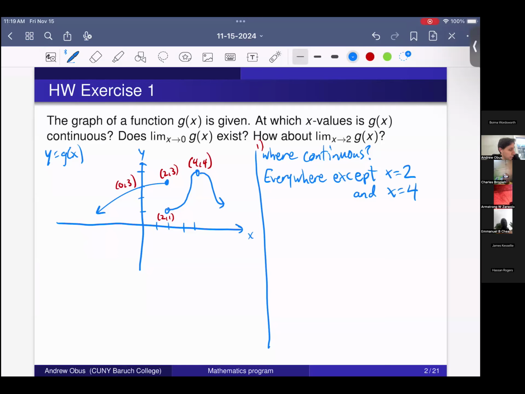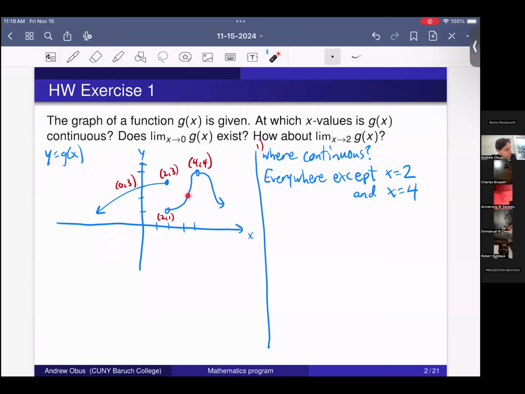Yeah, so that's great, right? So this function is continuous everywhere except when x equals 2, right? At x equals 2, we have what's called a jump discontinuity. That means the value of the function goes from 3 all the way down to 1 and continues. In particular, the limit as you approach 2 from the left is going to be 3, but the limit as you approach 2 from the right is going to be 1.